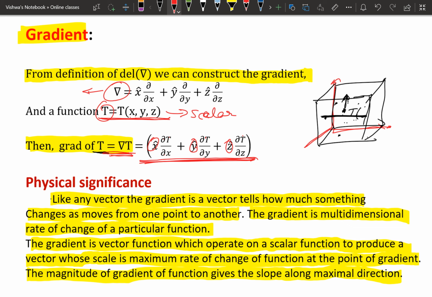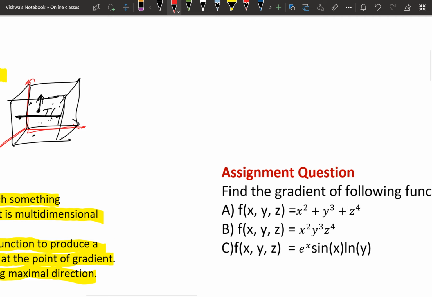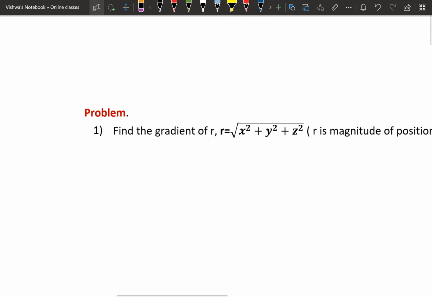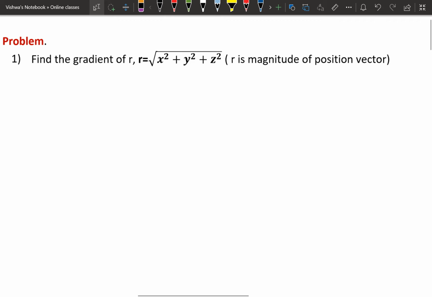Now take an example problem, then we will understand how there is a maximal rate of change of a function. Find the gradient of r. r is a function. What is this r? r is the magnitude of the position vector, not a vector.